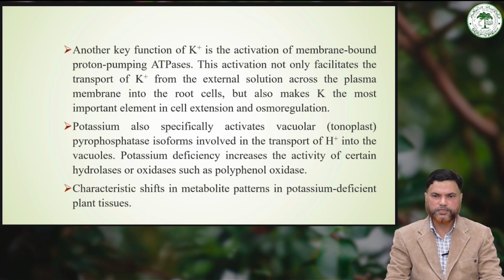So the alteration in the enzyme activities has been observed in potassium deficient plants, and generally there is a characteristic shift in the metabolic pattern in plants facing potassium deficiency.